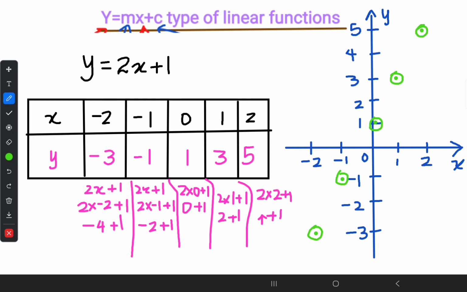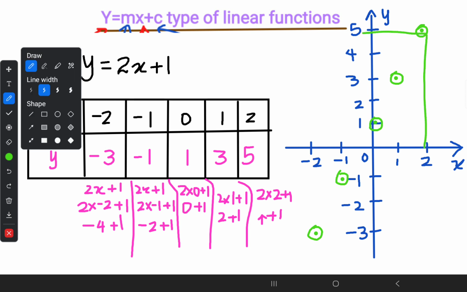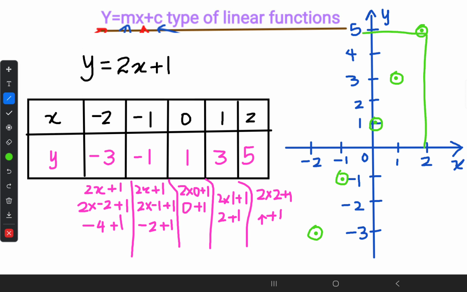Okay. So after that, just ensure the values you plotted are correct or wrong. Negative 2, negative 3. Negative 1, negative 1. 0, 1. 1, 3. 2, 5. Yes, all are correct. Now, let's connect them using a straight line.